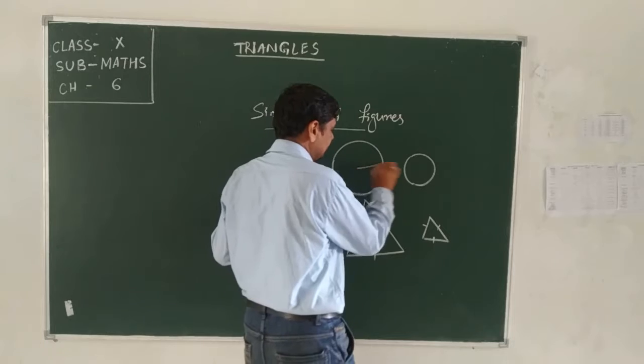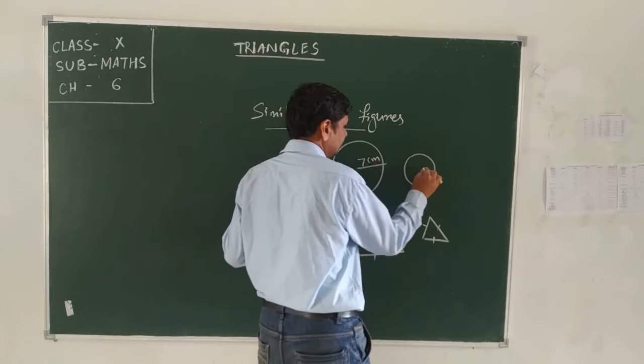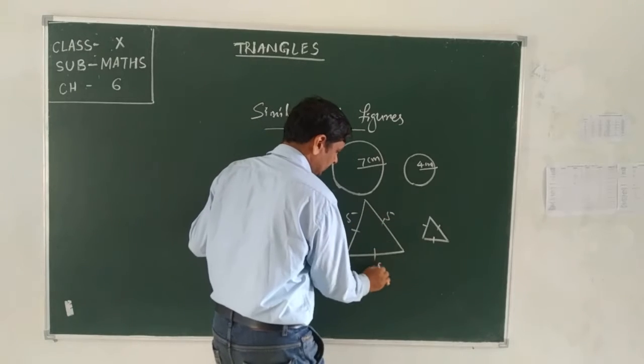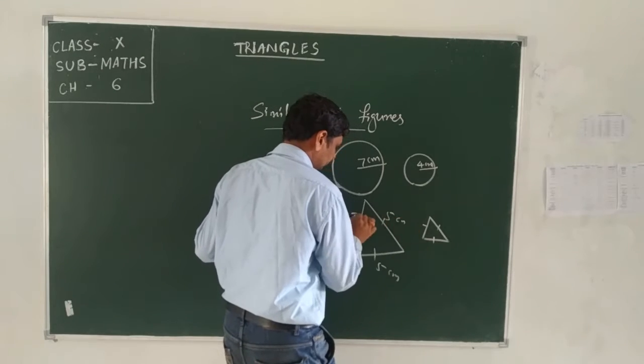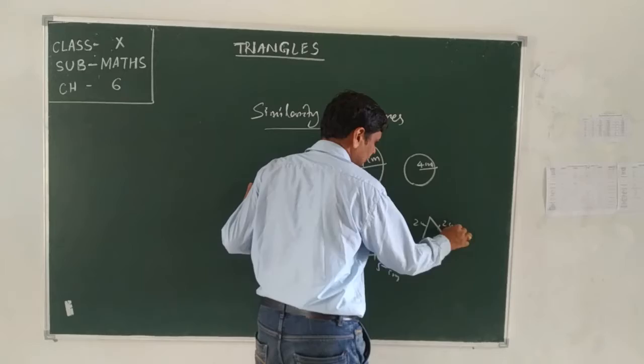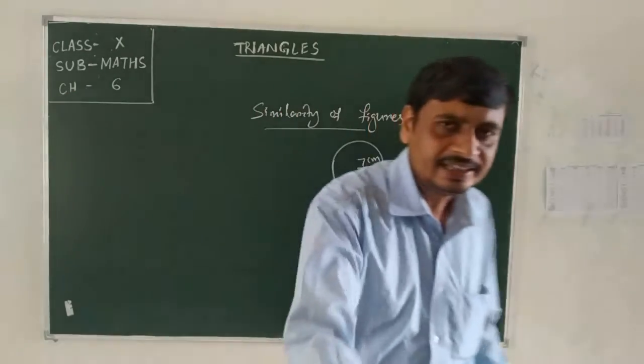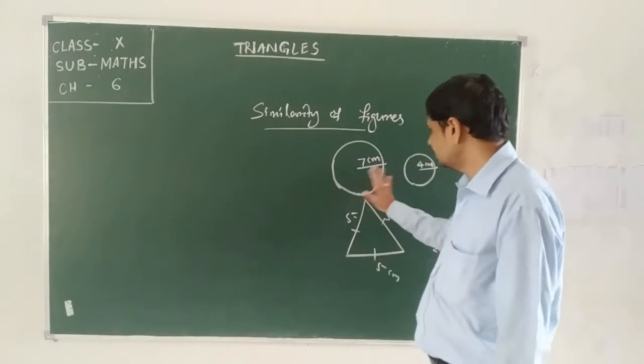Let this radius be 7 cm, this radius 4 cm. It is 5 cm, 5 cm, 5 cm, 2 cm, 2 cm, and 2 cm. Two equilateral triangles and two circles.